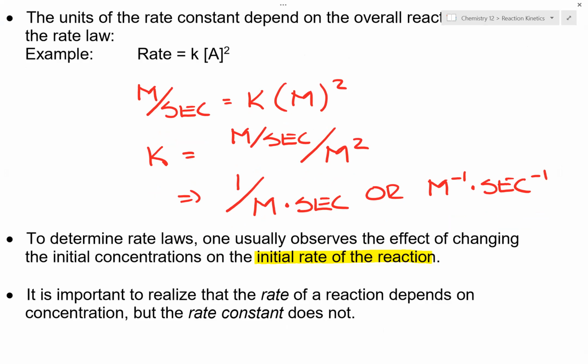Remember, the rate constant depends on the nature of the reactants or the type of reaction. How fast the reaction proceeds depends on the concentration, but the rate constant depends on the type of reaction and the nature of the reactants.